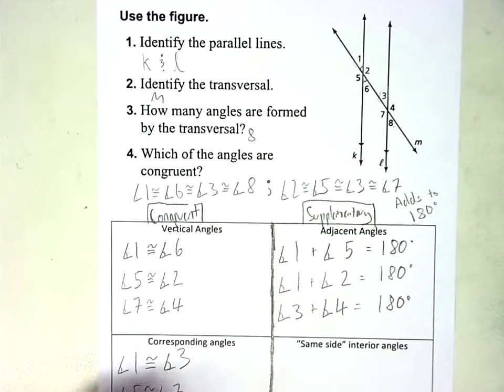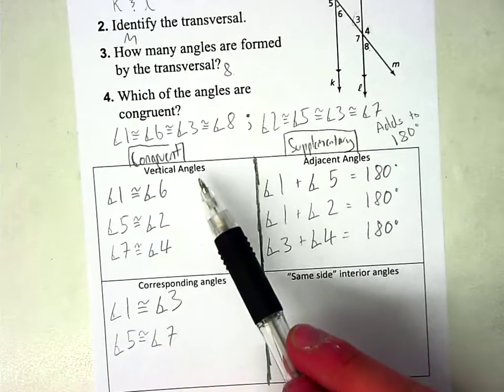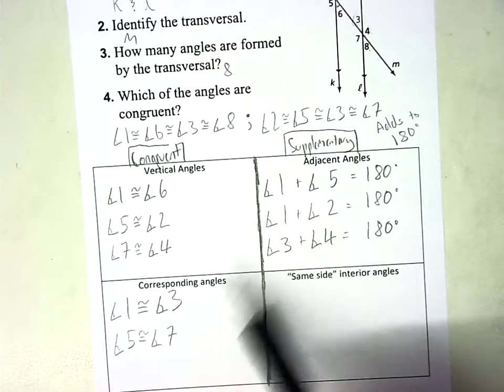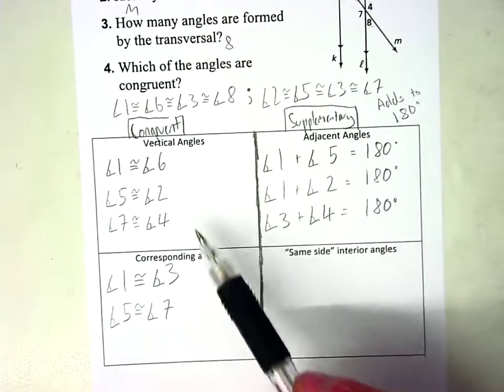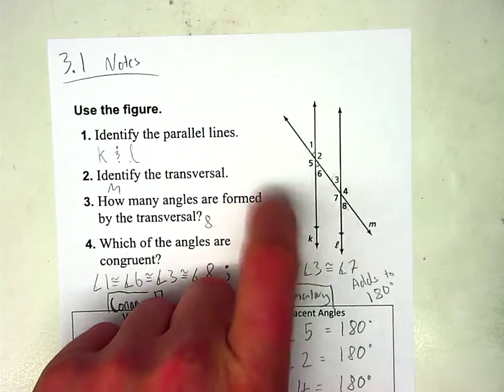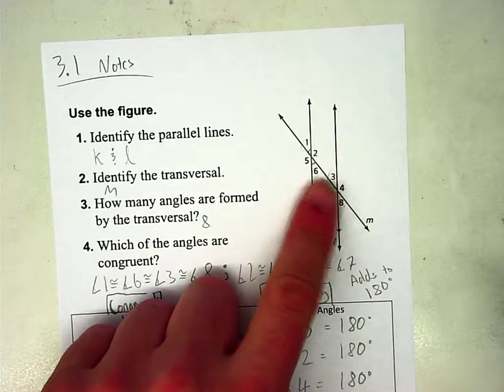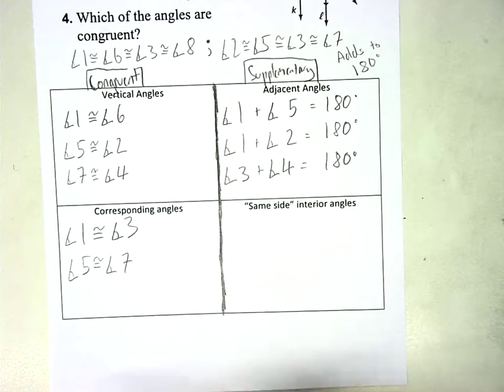And there's several others. And it turns out, folks, that if all you knew were these three, vertical angles, corresponding angles, and adjacent supplementary angles, you can always find every angle in a situation with parallel lines and a transversal. Same side interior is kind of like a shortcut that combines these together in a way.